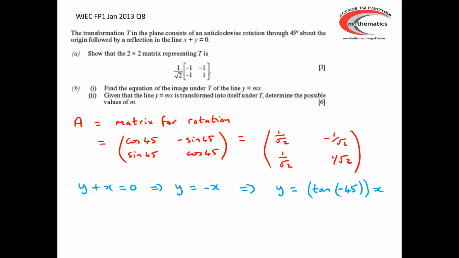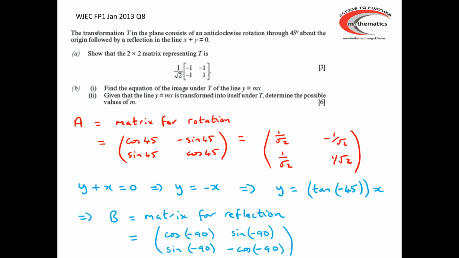So again, using the standard result given in the formula booklet, the reflection matrix will be cos of minus 90, sin of minus 90, sin of minus 90, minus cos of minus 90, which ends up just giving us 0, minus 1, minus 1, 0.